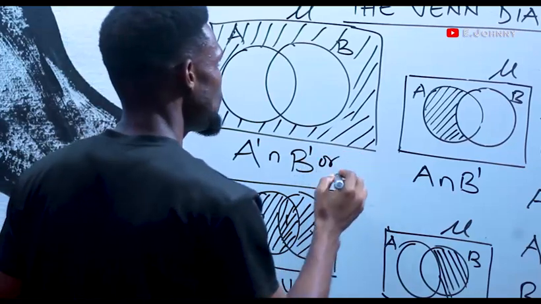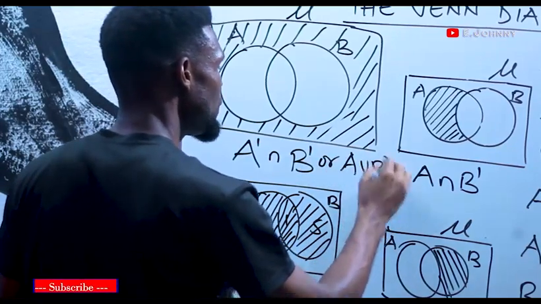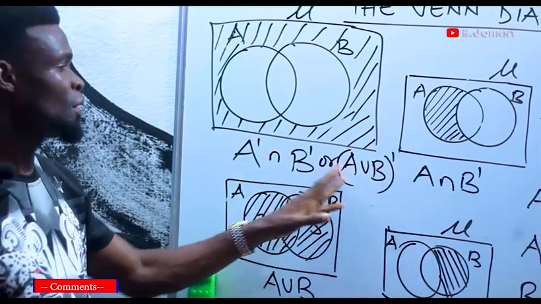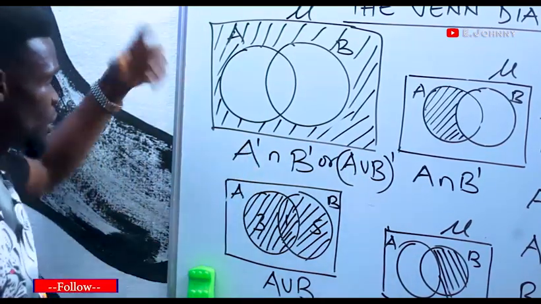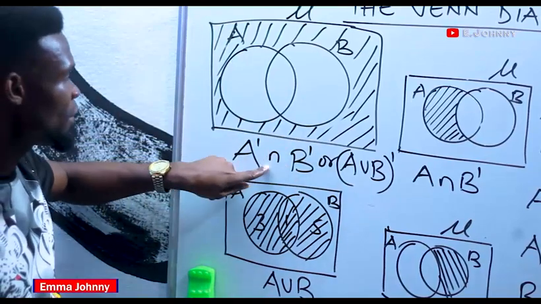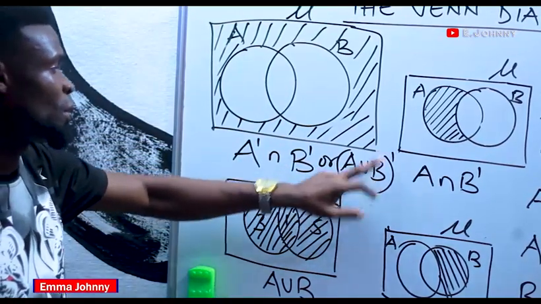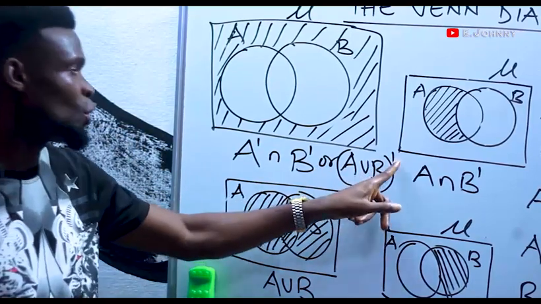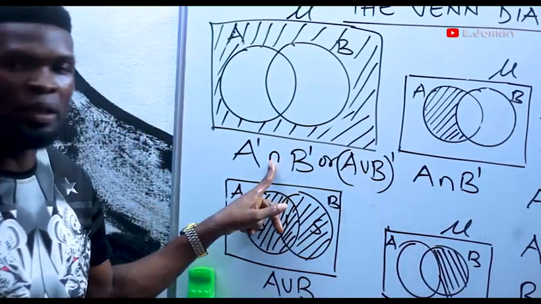Or I can also write this as A union B all complements. And this is what we call De Morgan's law, which we'll look at. But I can also write this as A union B all complements, such that if this complement enters the bracket, it will change this union into intersection.